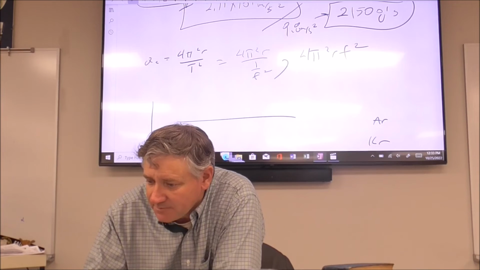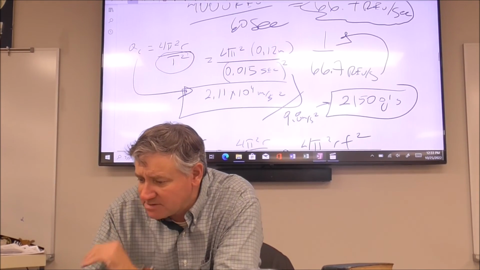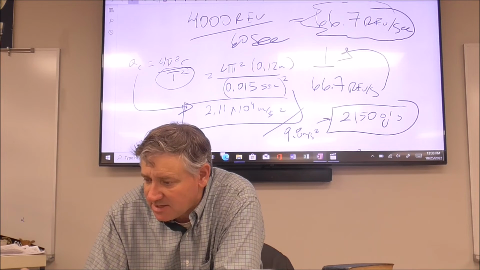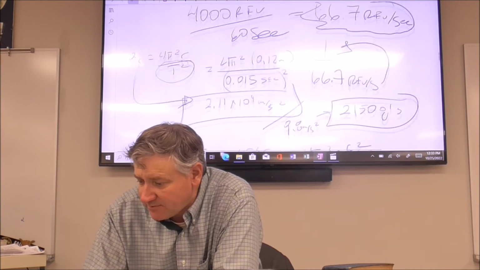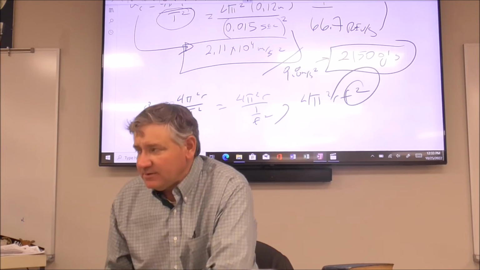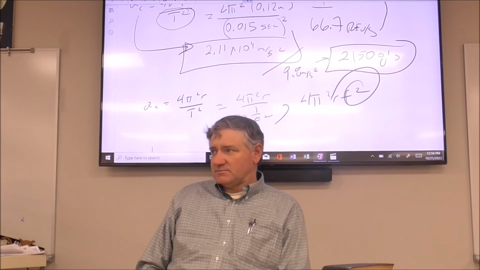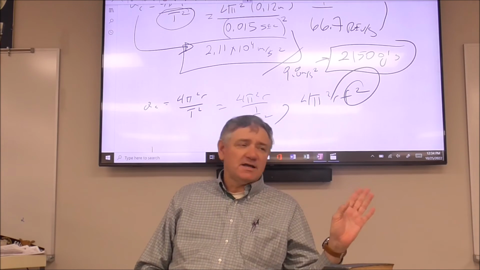So the other option is that you just take 4,000, divide it by 60, and you get 66.7 revolutions per second, and you just slam that right into that, and that way you don't have to mess with taking the reciprocal. That's an option.